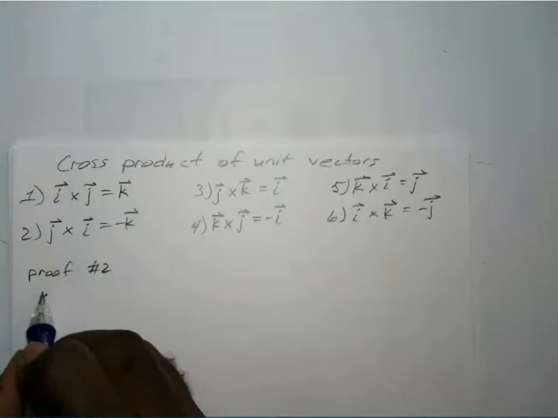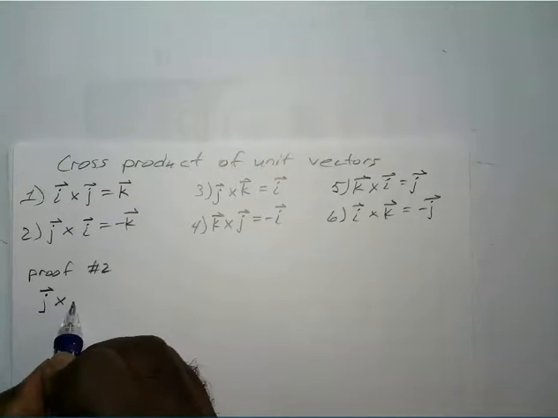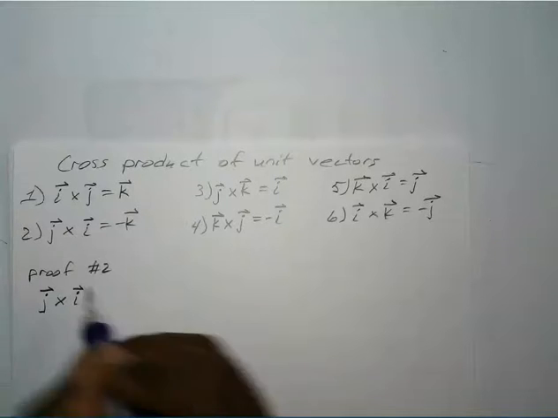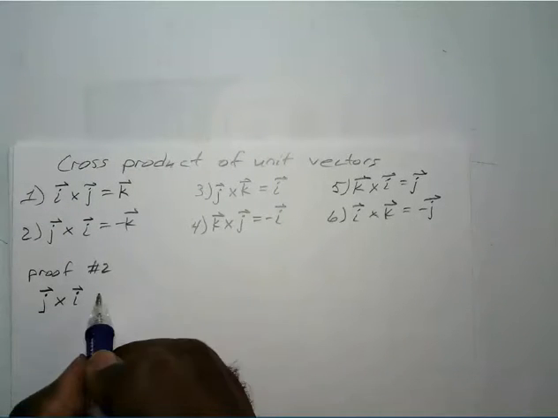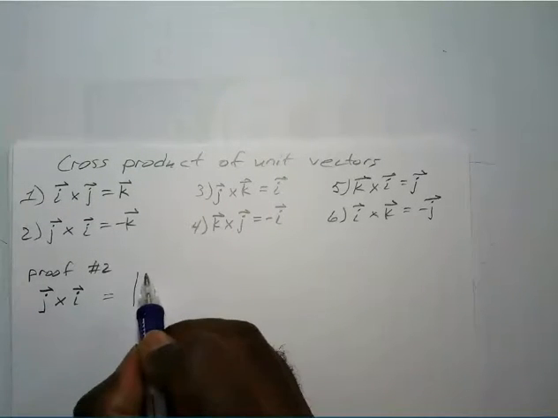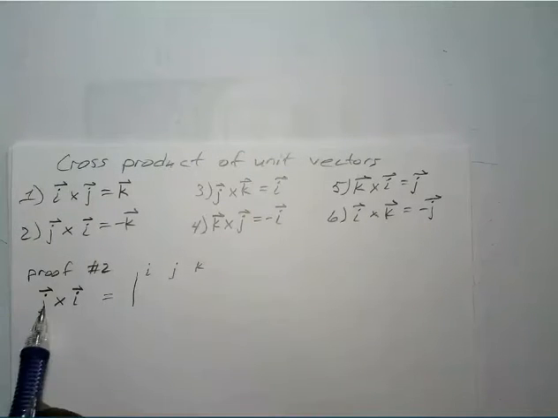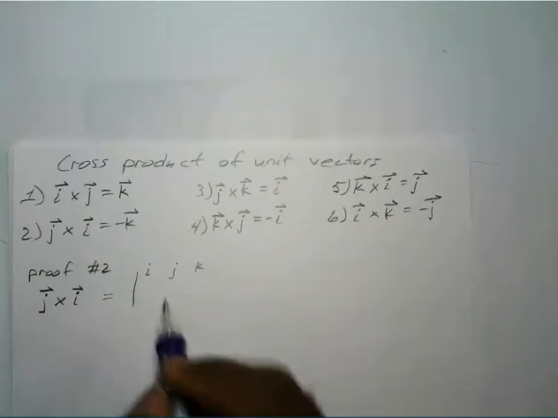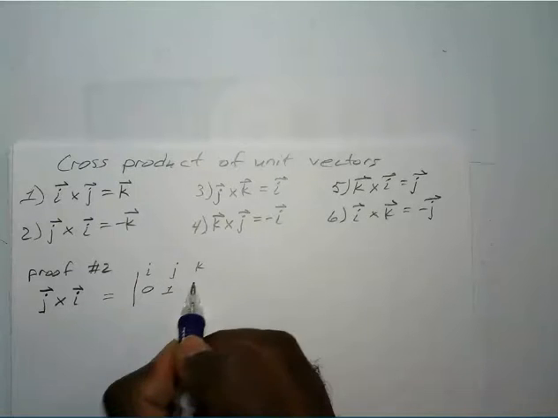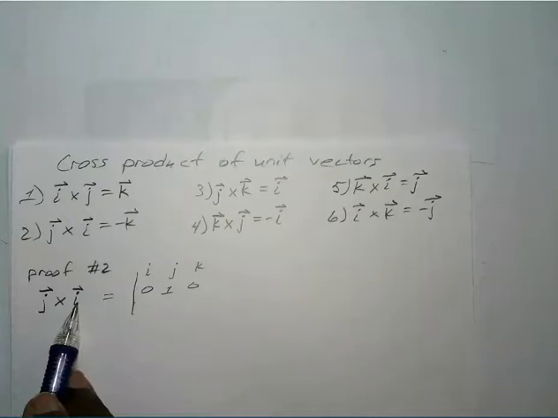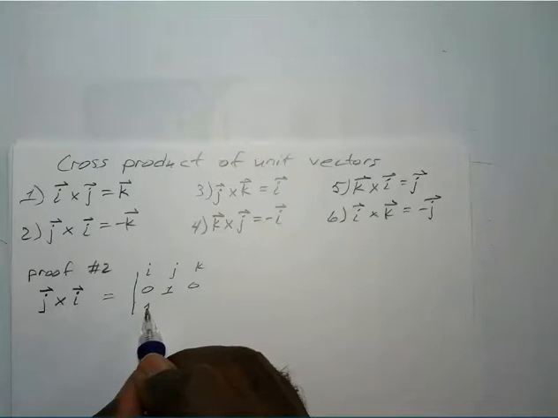Okay, so if you have the j and I, that's equal to, you have I, j, k. For your j, remember that's 0, 1, 0. And for your I, that's 1, 0, 0.